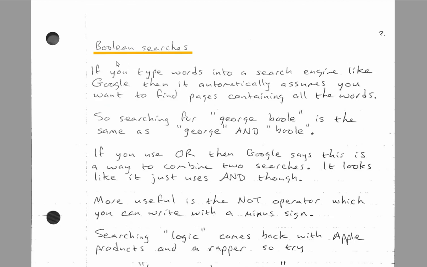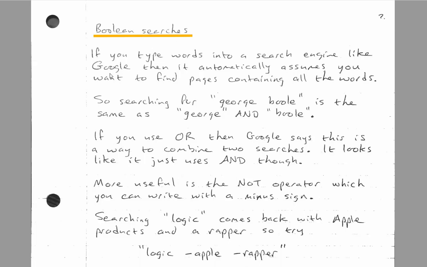Okay, next, Boolean searches, another application of logic. So, right, if you're using a search engine like Google, and you type in some words to search for, then it automatically assumes you're looking for pages that contain all the words.